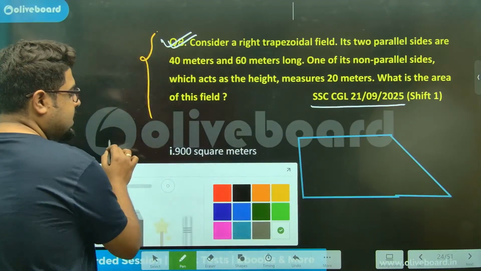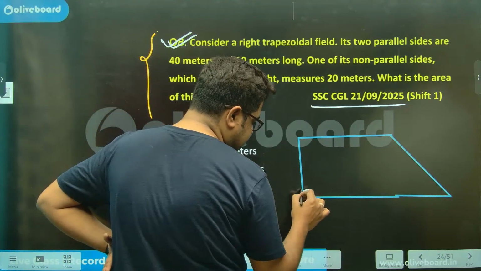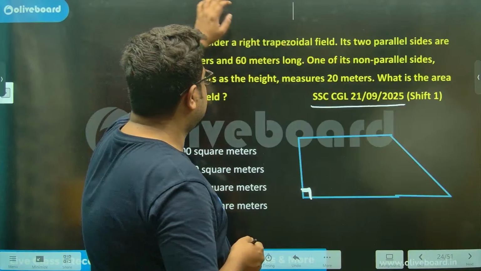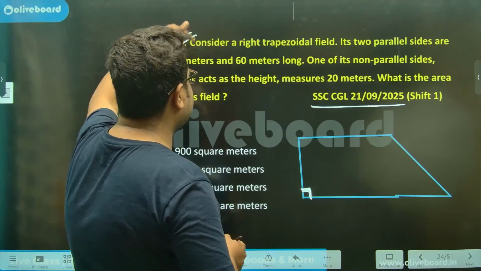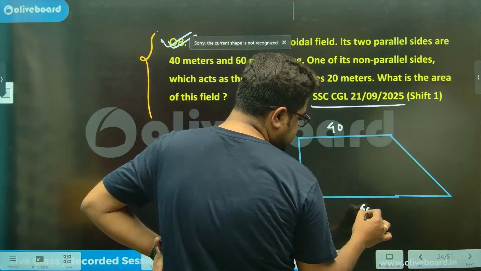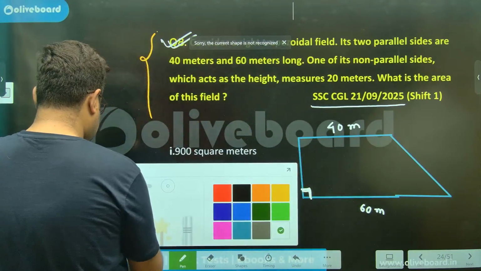Clear, everyone? So this side acts as the height as well. They are saying one is 40, one is 60. So this is 40, sir. This is 60, sir.